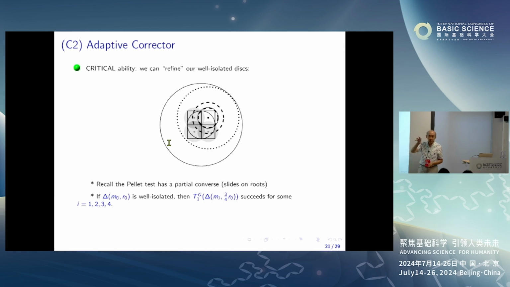You can show that each one of these smaller circles is well-isolated also, because if you take this circle and make it 3 times as big, it's still inside this larger circle, so you don't get any new roots. So it's well isolated. And so at least one of the 4 will succeed. So now you have shrunk your disk.